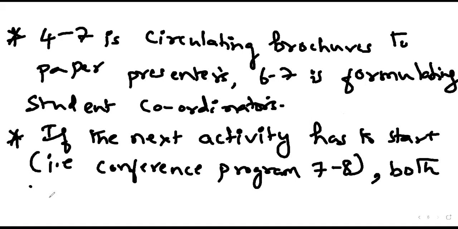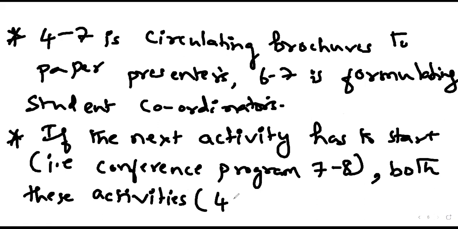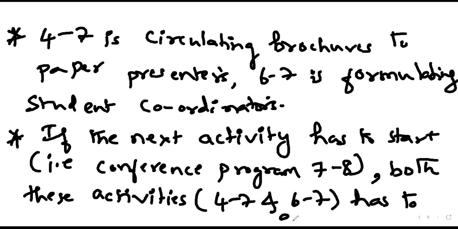both these activities, that is 4-7 and 6-7, have to end. Only after circulating the brochures as well as formulating the student coordinators, only after these two activities are finished, can we start the conference program.